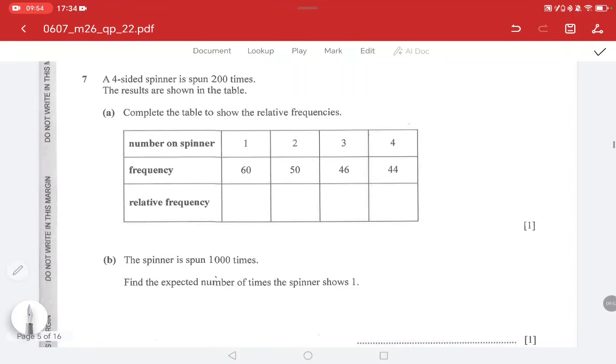Question 7. A 4-sided spinner is spun 200 times. The results are shown in the table. Complete the table to show the relative frequencies. Here, we have 60 times out of the 200. The second one, if you calculate it, should be 0.3.